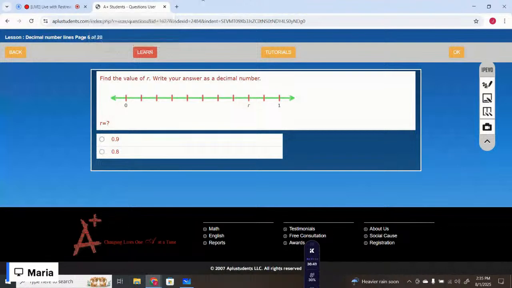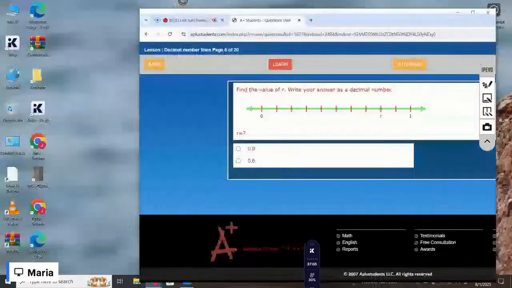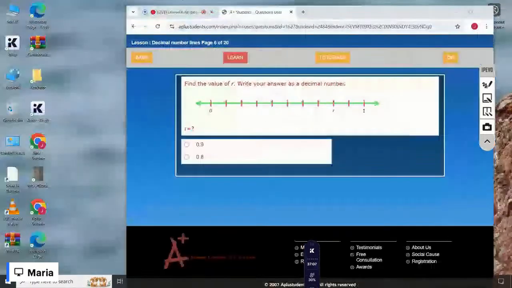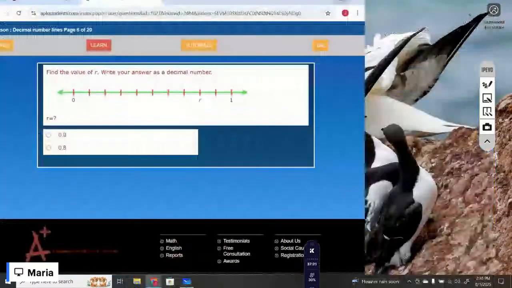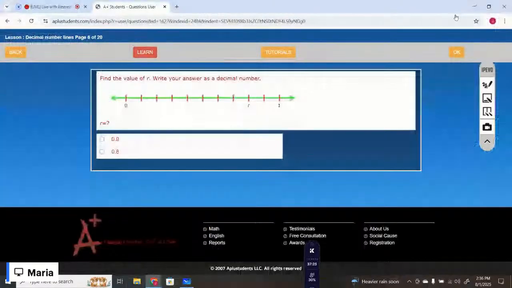Write your answer as a decimal. That is 0.8. Option number 2 is the correct option.